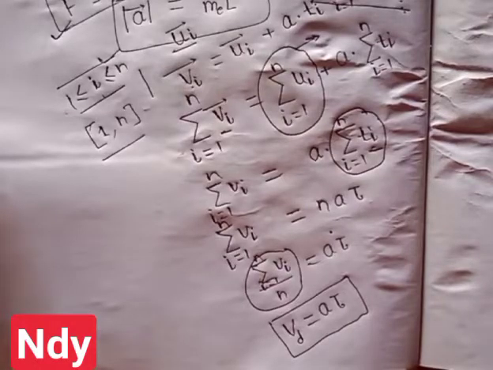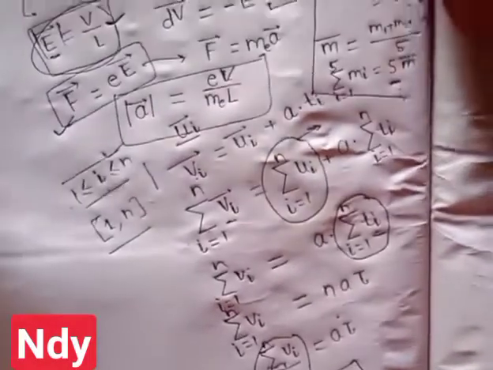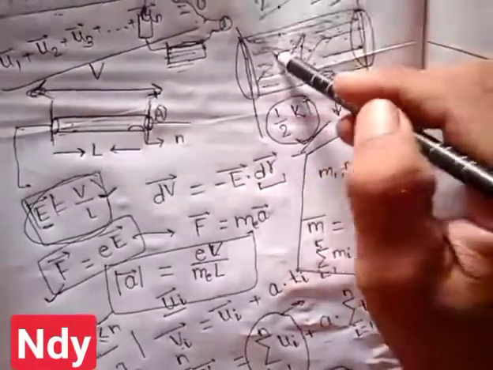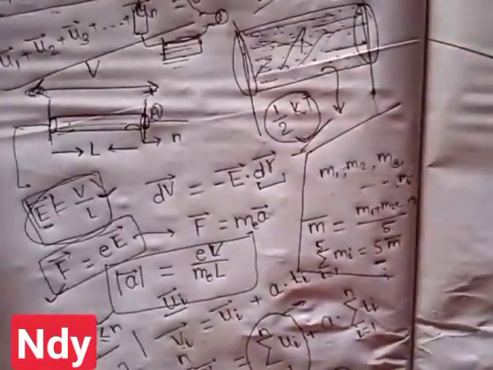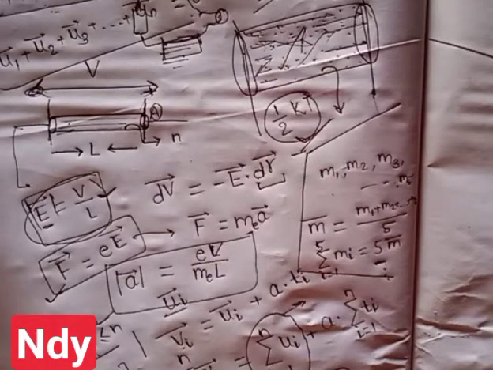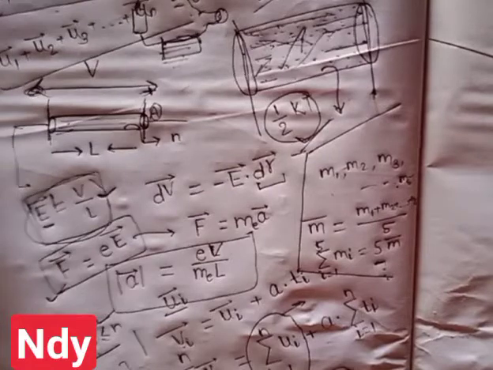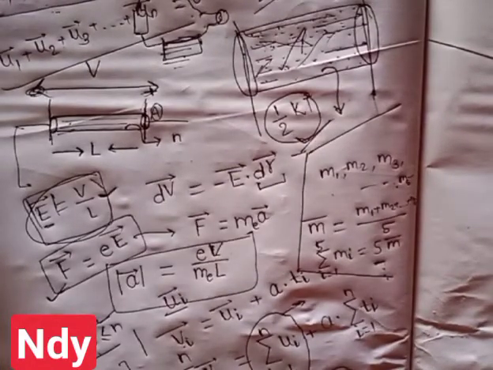What is the meaning of this drift velocity? When these electrons collide with each other, after a certain stage, these collisions are quite random, and after a certain time they move with this average velocity vd in the direction opposite to the electric field, and this is called the drift velocity.